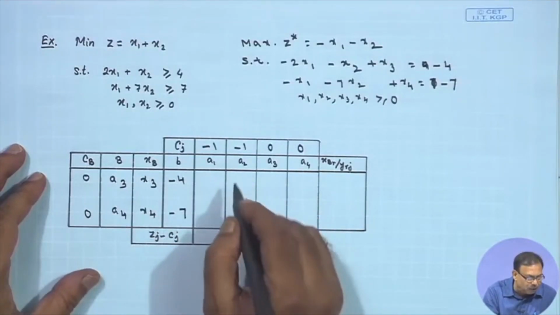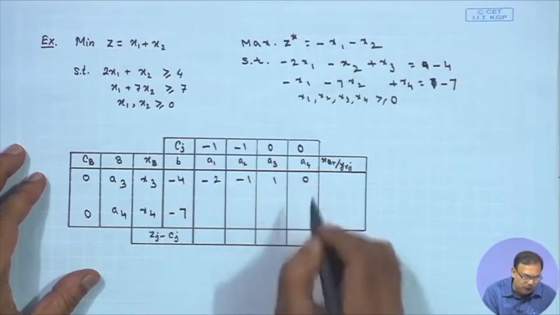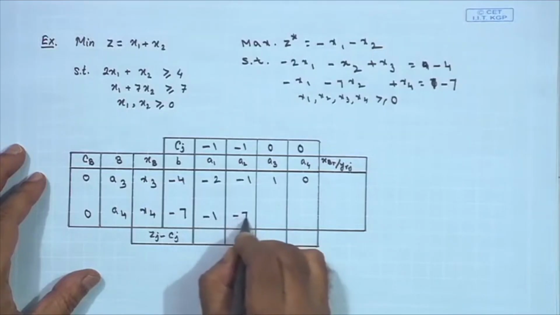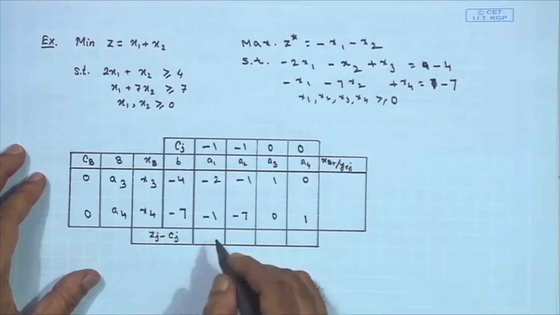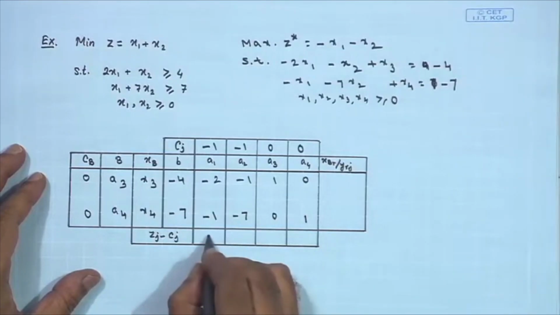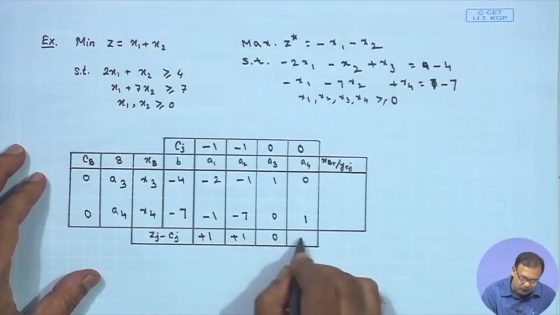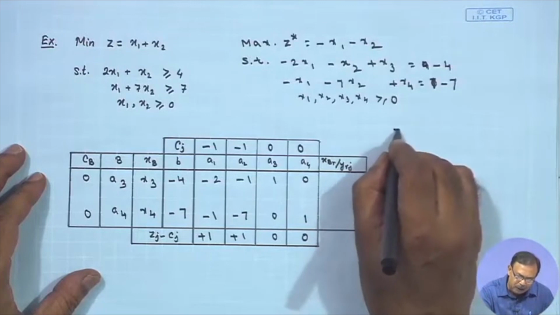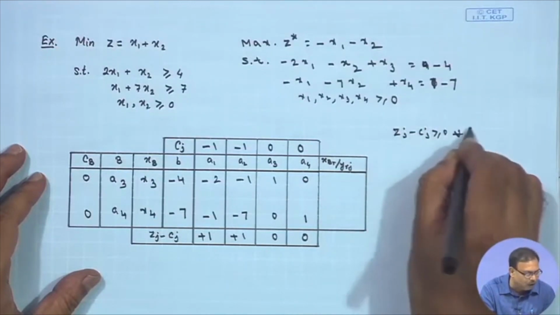Now, write the rows, that is minus 2, minus 1, 1, 0 and minus 1, minus 7, 0 and 1. So, you are getting zj minus cj, you are obtaining plus 1, here it is plus 1, here it is 0 and here it is 0. If you see here, your zj minus cj is greater than or equal to 0 for all j.